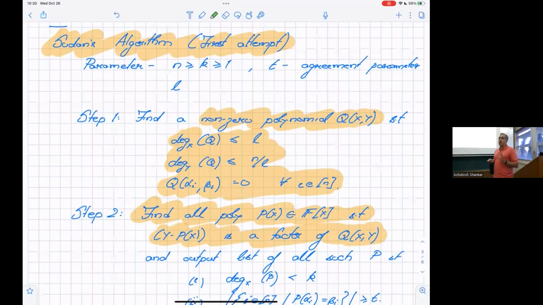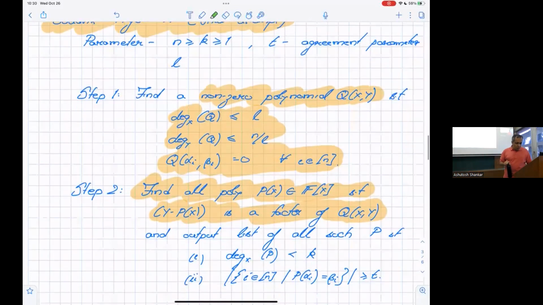So what can we do to improve this? By the way, it's magical that this works. This was just an attempt to stare at the Welsh-Berlekamp algorithm that only gave you unique decoding because the degree of y is 1. So we just sort of gambled and said, what happens if we allow the polynomial to have larger degrees? Will we get something better? Notice this is not always better.